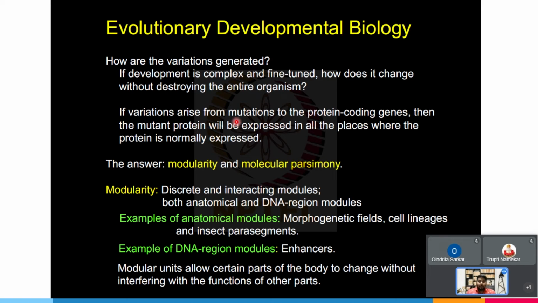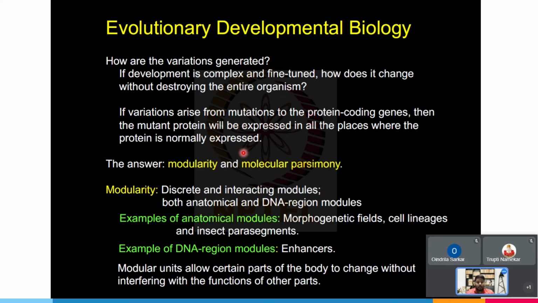If the variation arises from mutation in protein coding genes, then the mutant protein will be expressed in all places where the protein is normally expressed. So say if the hemoglobin gene was mutated, its functions throughout the body will be hampered, and it will thus probably be embryonically lethal.